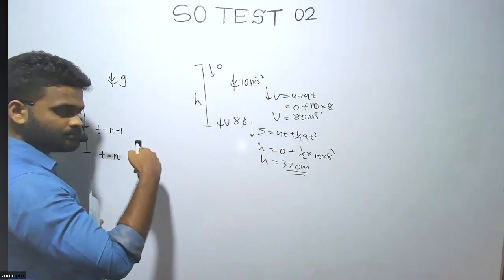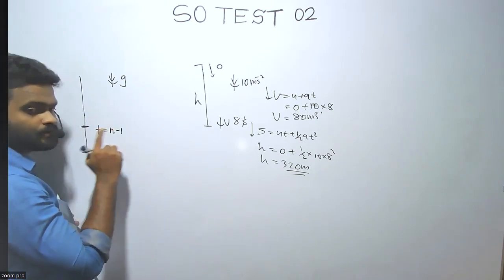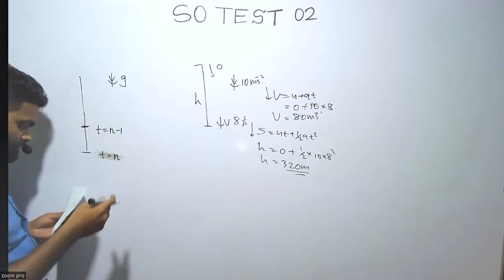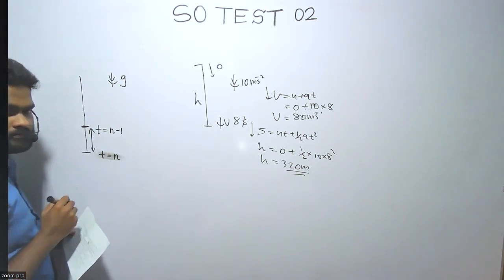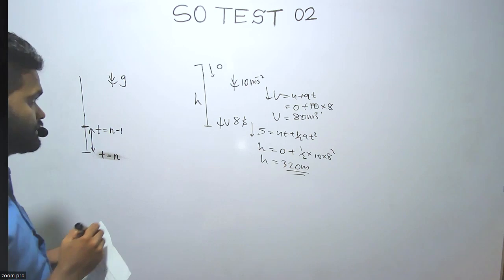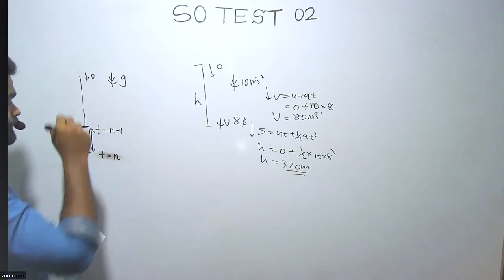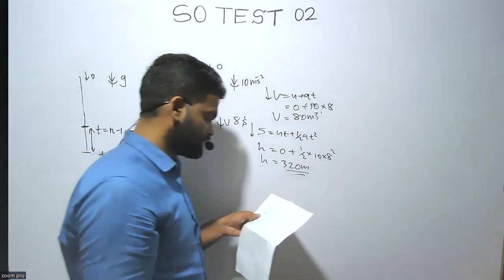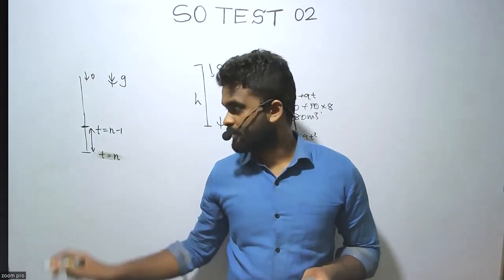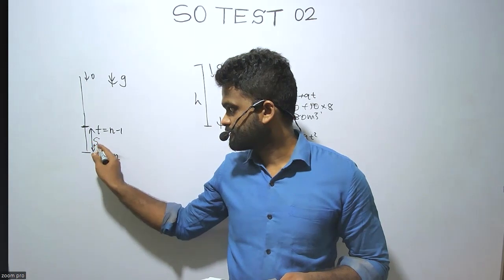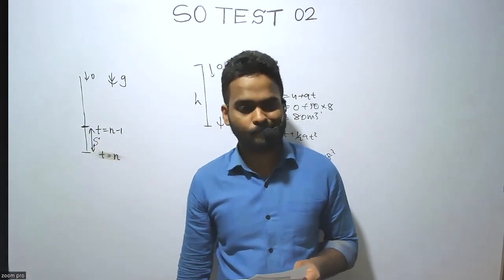So nth second should mean between n minus 1 and n. So what they ask is this distance. Initial velocity is 0, it is just released, right? So we need to find this distance. So how do we find that?